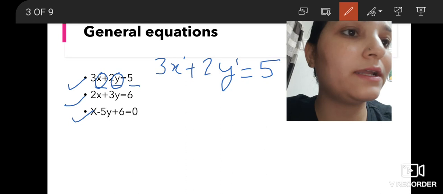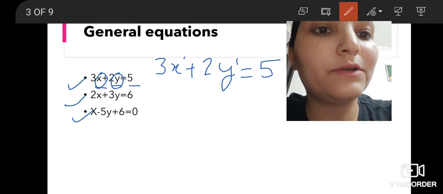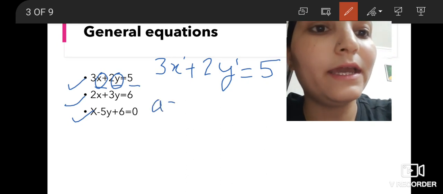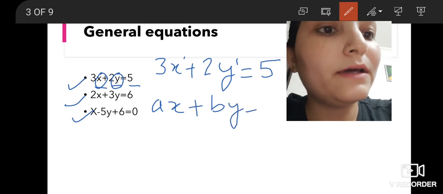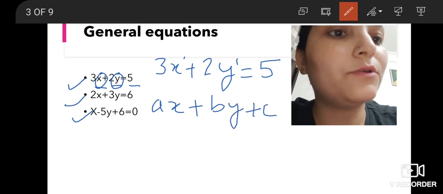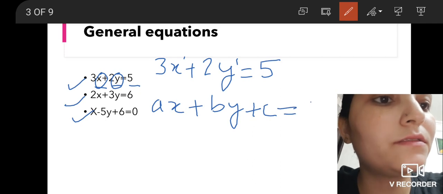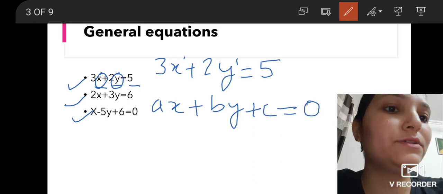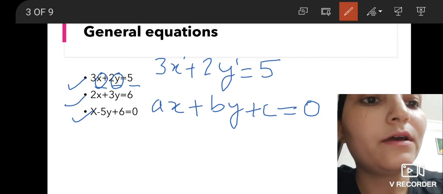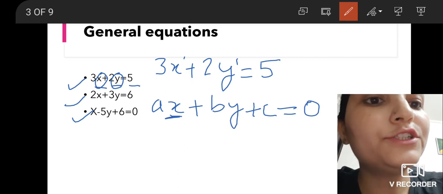What are general equations? The first general equation we compare with is ax plus by plus c is equal to 0. That is the general equation. General equation means you have the x variable and the coefficient of x.